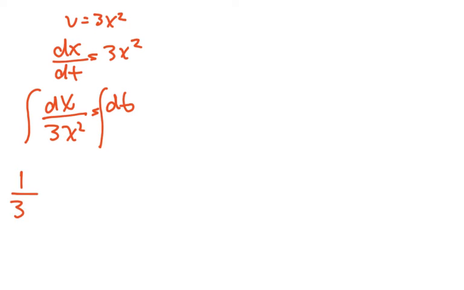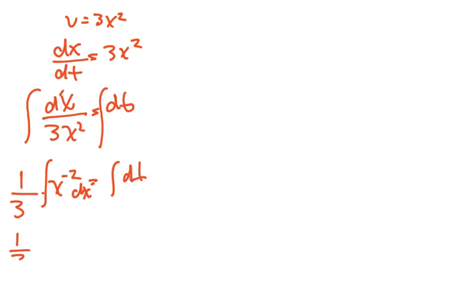So this is really easy because we can rewrite this. We have the integral of x to the negative 2 dx, of course, equal to the integral of 3 dt, which is really straightforward.